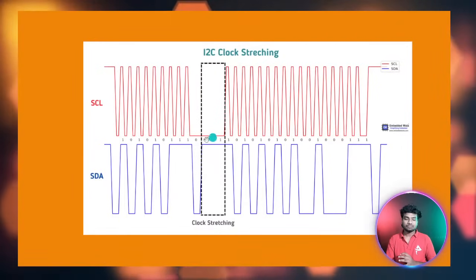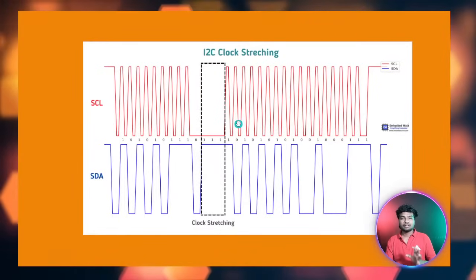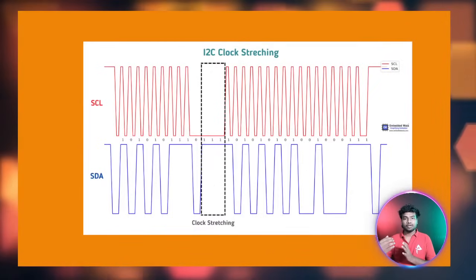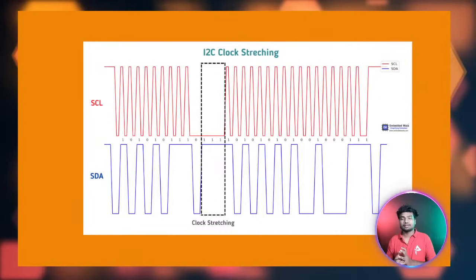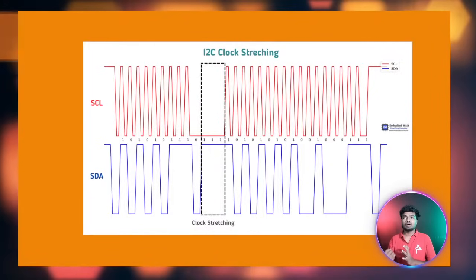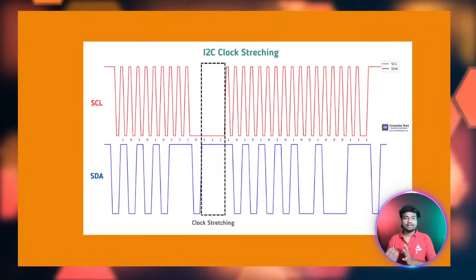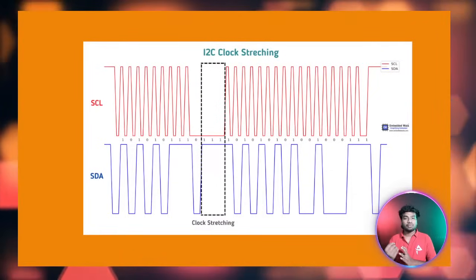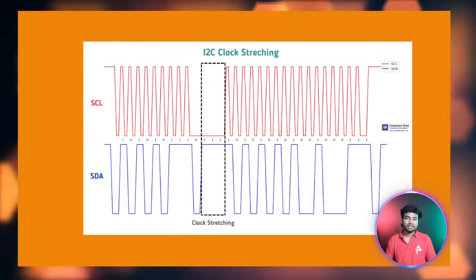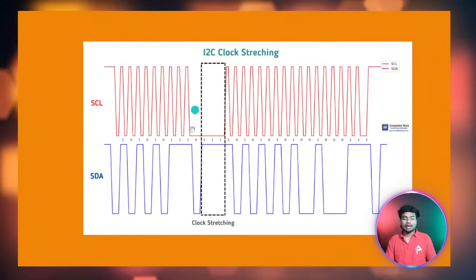So the slave will take some time, pulling down the SCL line, and there is no access for the master to send data to the slave. Why? Because the slave device pulled the clock line down to active low, 0.